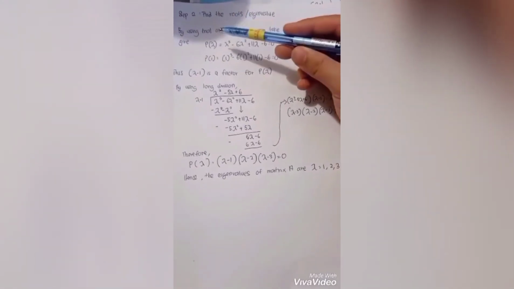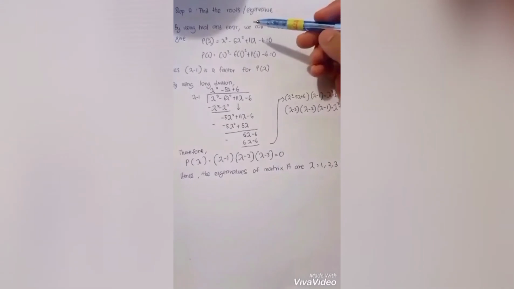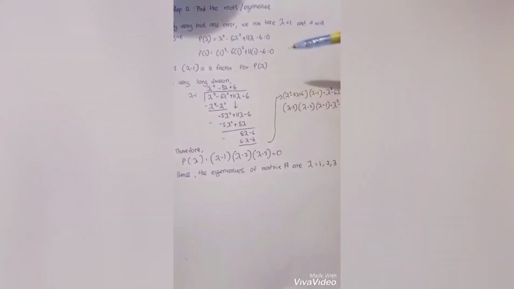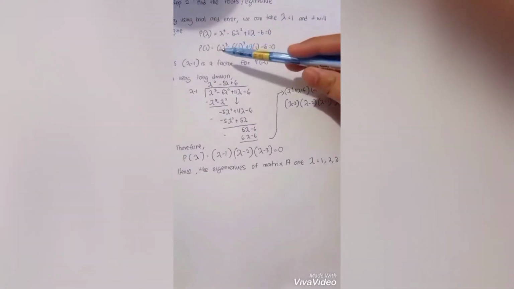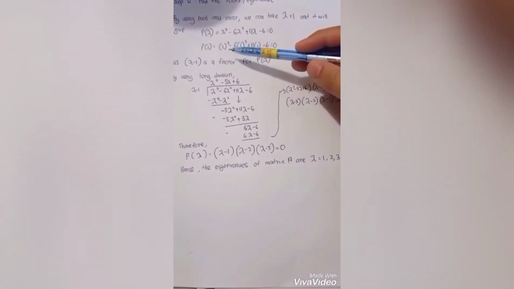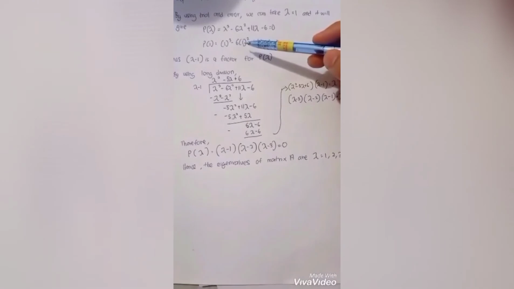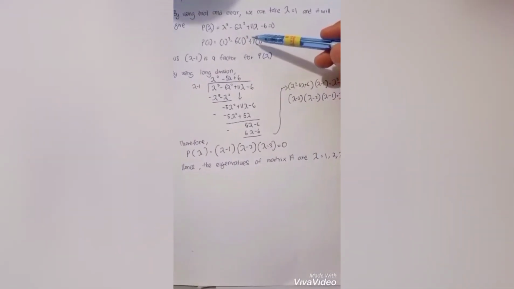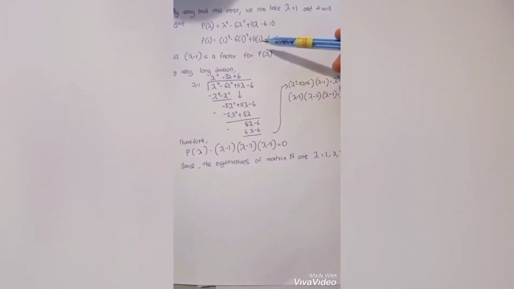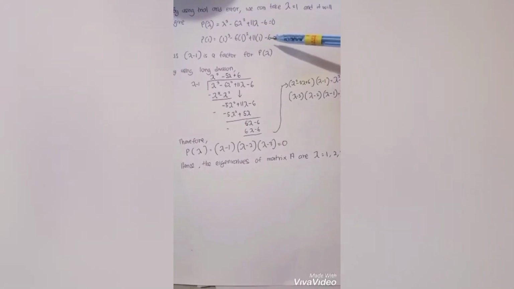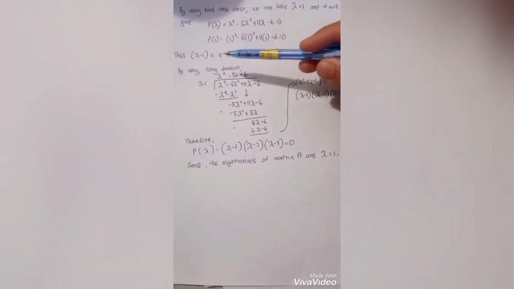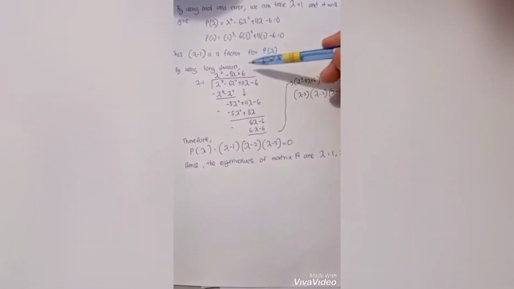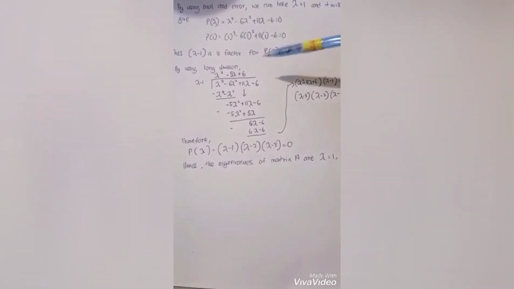Next, step 2, find the roots or eigenvalues. By using trial and error, we can take lambda equals 1, and it will give P(1) equals 1 cubed minus 6 times 1 squared plus 11 times 1 minus 6 equals 0. Thus, lambda minus 1 is a factor of P(lambda).